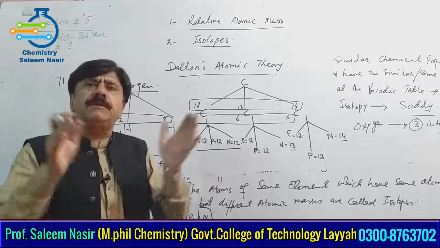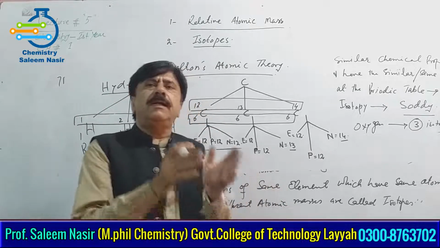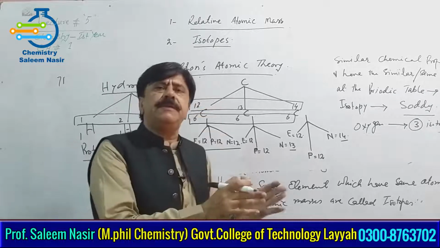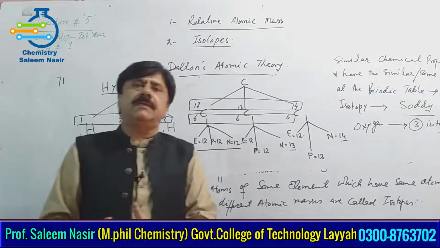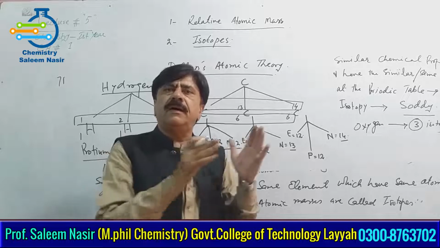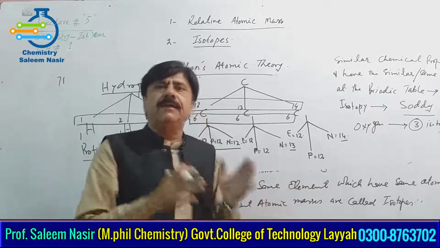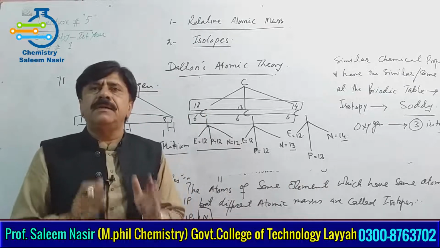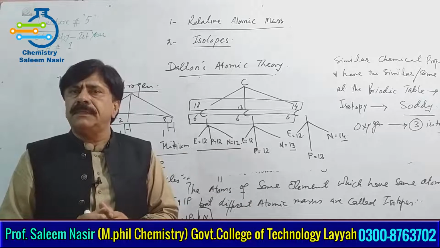Different isotopes of the different elements have different physical properties and similar chemical properties, because the chemical properties are associated with the electrons present in the valence shell, and the physical properties are related to all the other fundamental particles.